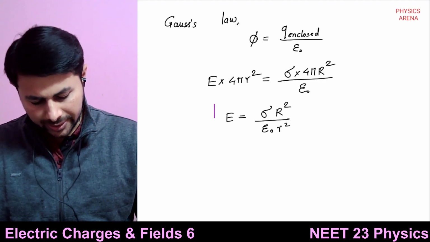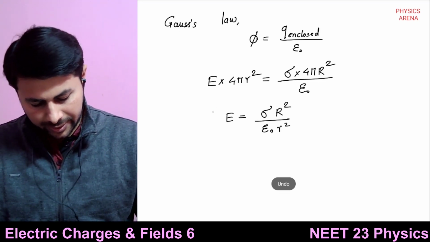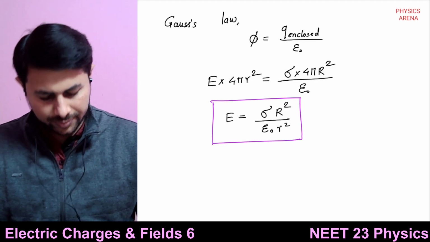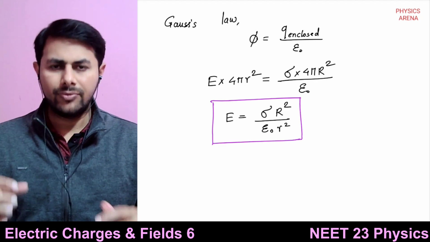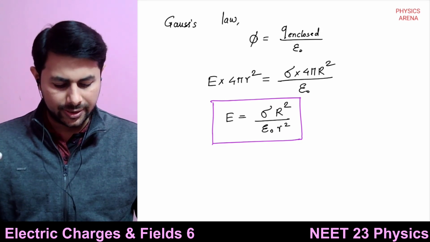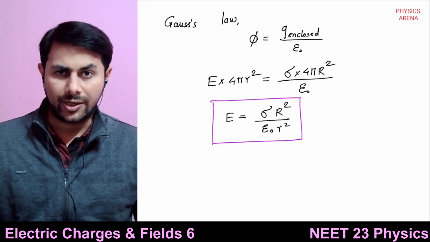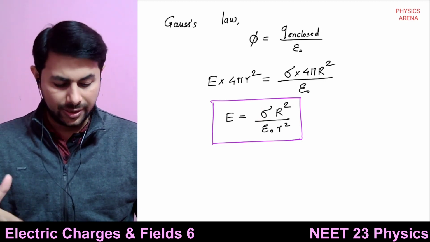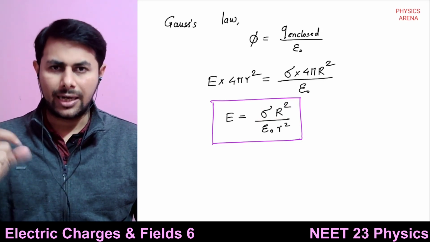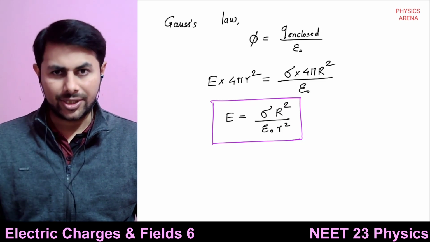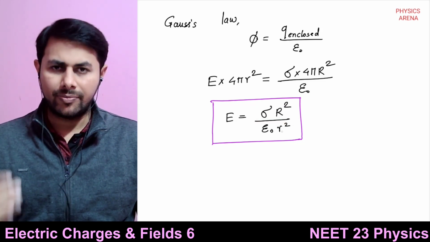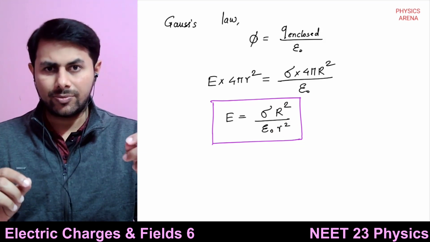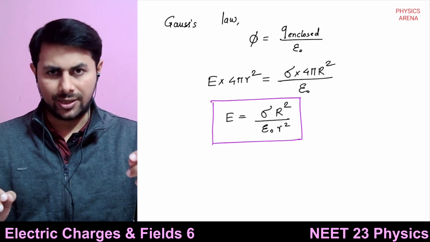So the electric field at a point which is outside the surface of the spherical shell is equal to sigma, the surface charge density, multiplied by R square, where R is the radius of the spherical shell, divided by epsilon naught multiplied by r square. What is the small r? It is the distance of the point from the center of the shell.